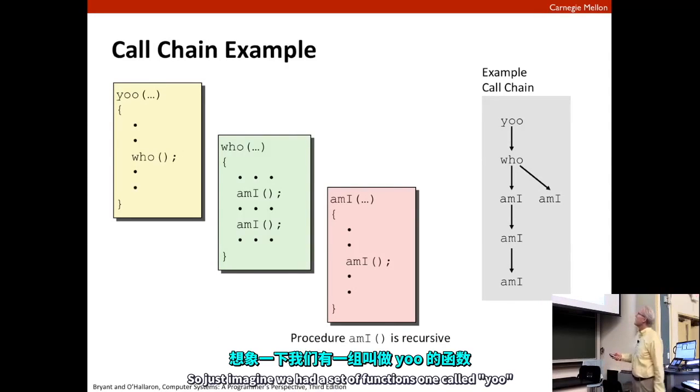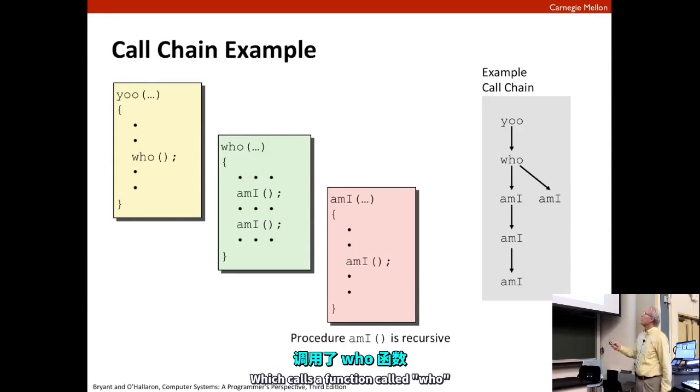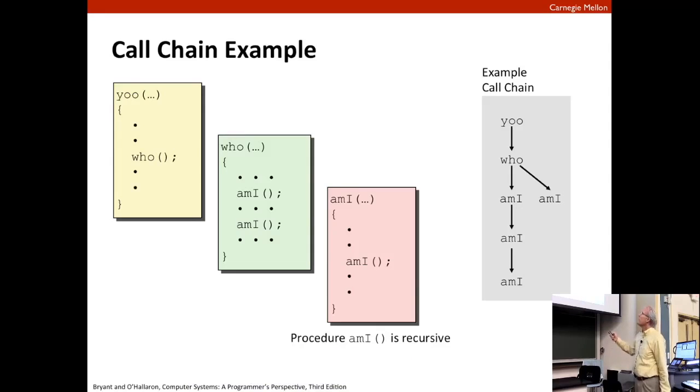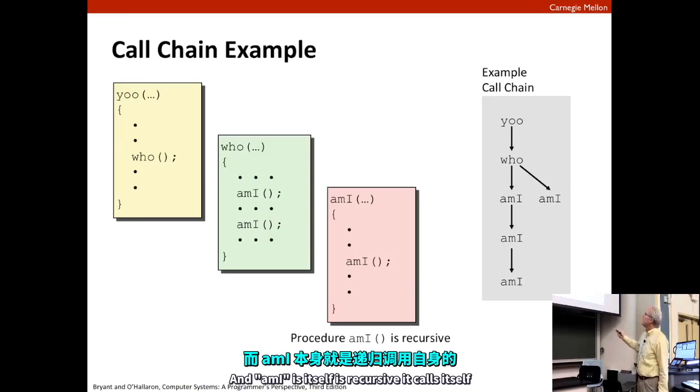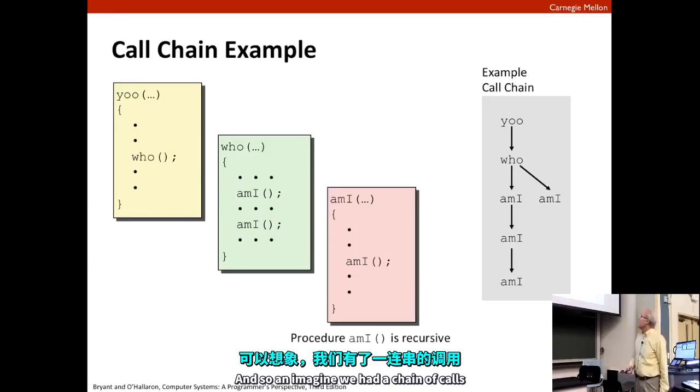Just imagine we had a set of functions, one called u, which calls a function called who, and who has multiple calls to another function called mi, and mi is itself recursive. It calls itself.